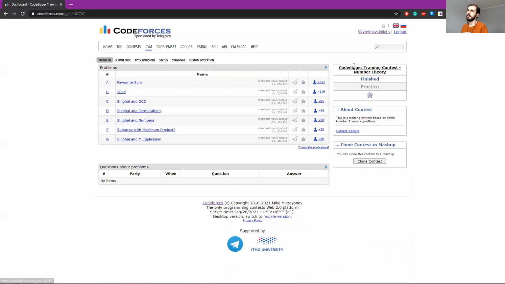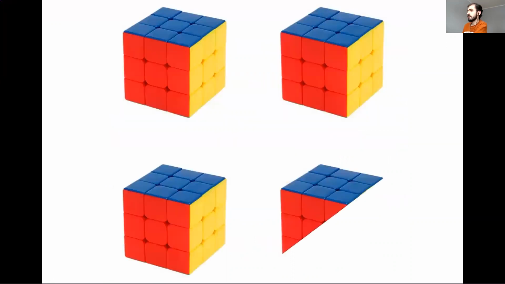It should be more representative in terms of CodeChef. I don't know. If you know good problem sets on number theory, definitely let me know. I think Anand has one, so I definitely should solve this one. But other than that, I don't think I know any particularly good problem sets.